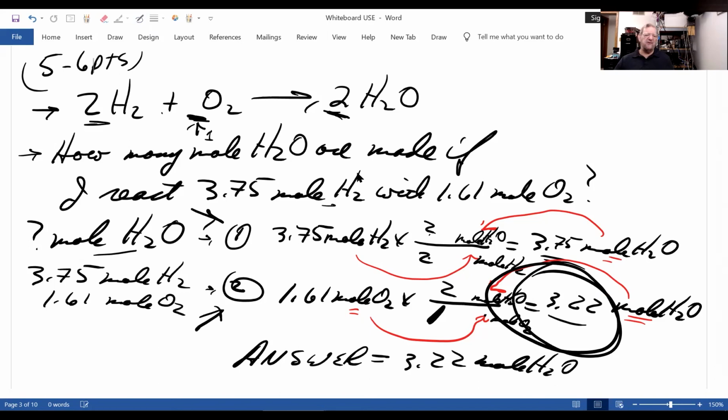Again, let me remind you, when you're trying to figure out how many moles of a product you're making, when you have a certain amount of each reactant, you have to set up 2 equations, figuring out for each reactant how much product it would make. Then the lower number is your answer. And that's how you do it.